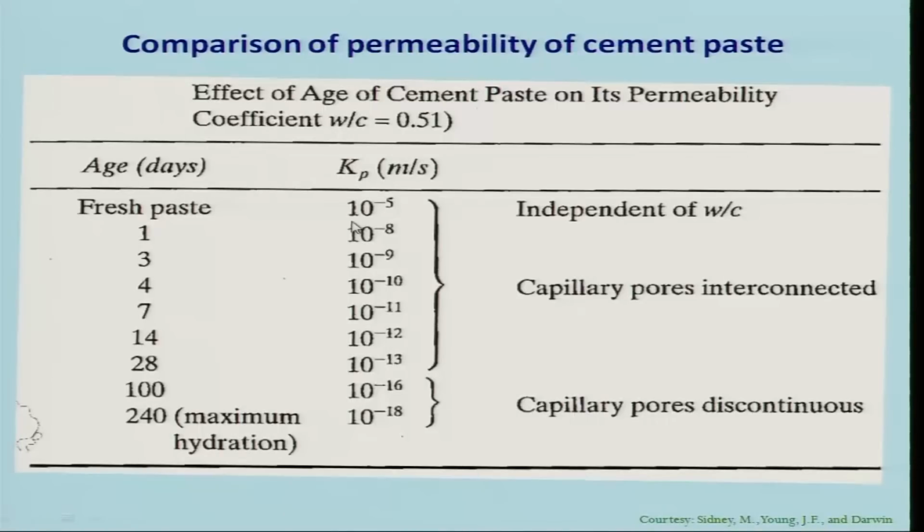So for one Portland cement paste at say water to cement ratio of 0.3, if you find Kp value as 5 into 10 power minus 8, for another water cement ratio which is lower, you will have some other magnitude, but the permeability will be in the order of 10 power minus 8.